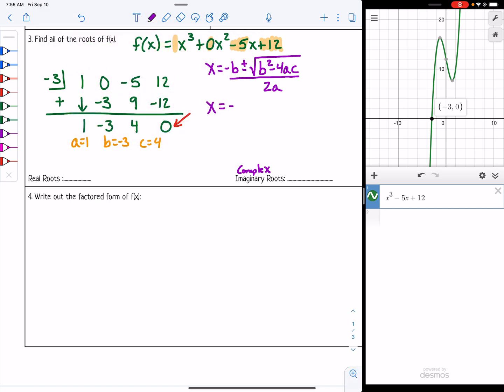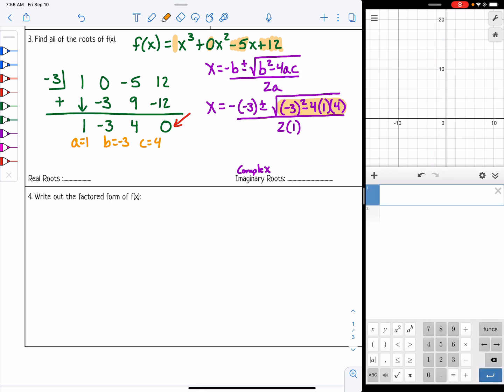So negative b would be negative negative 3, plus or minus the square root of negative 3 squared minus 4 times a, which was 1, and c, which is 4. Then all divided by 2 times a, which again is just 1. Now we're going to clean that up. I'm going to type in everything underneath the radical, but don't type the square root, just those numbers underneath.